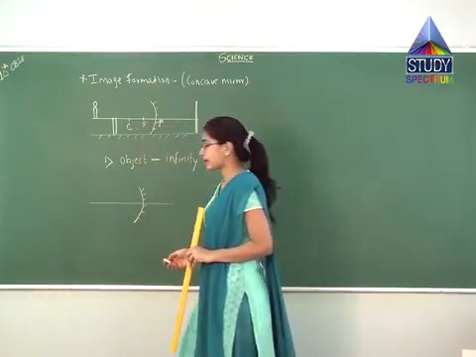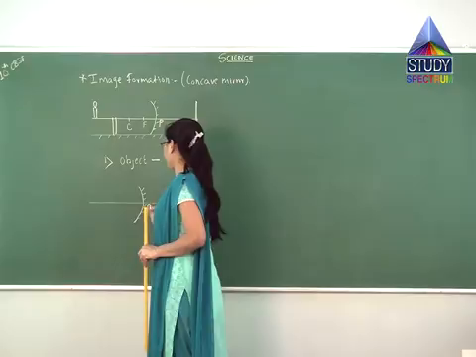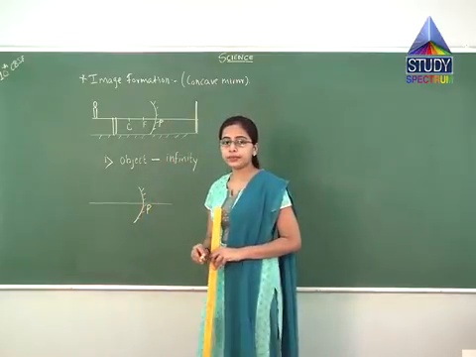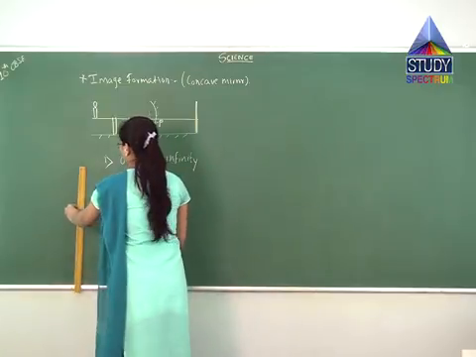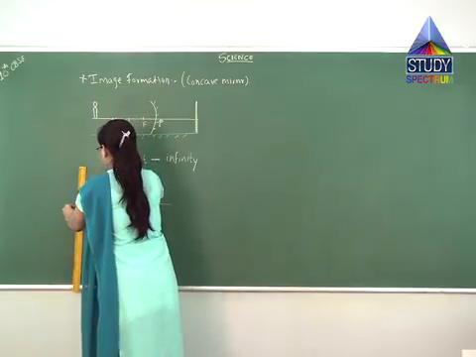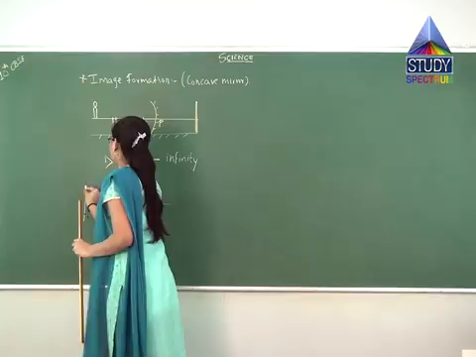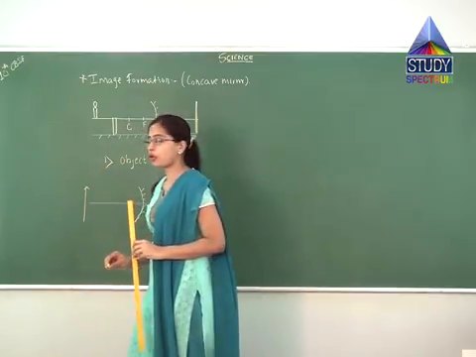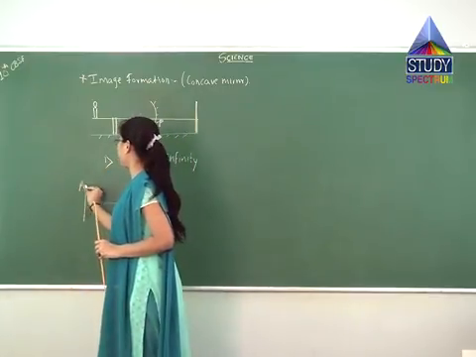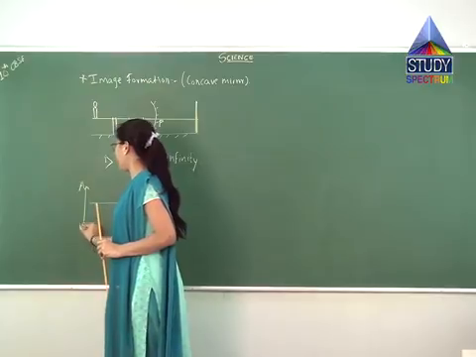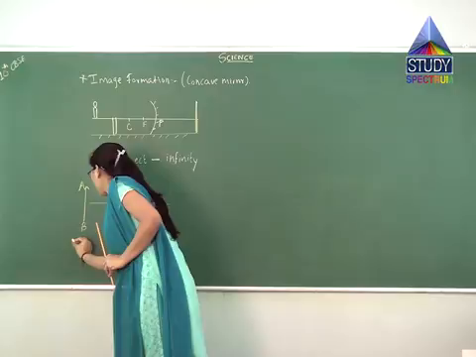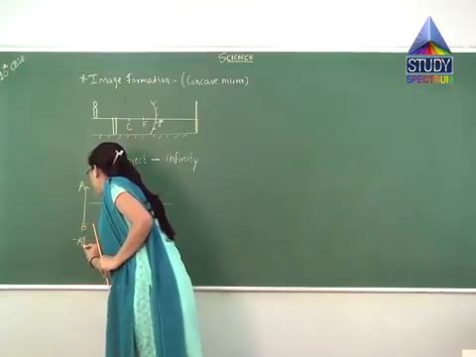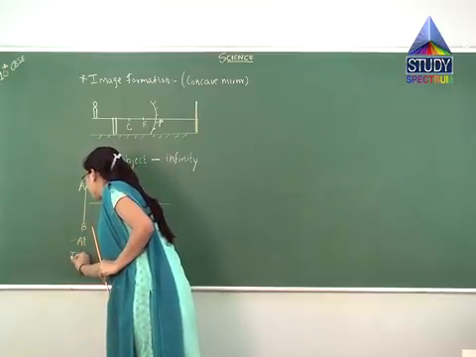This is the principal axis with pole P. Now suppose this is the object, I will name it AB, and this is at infinity obviously.